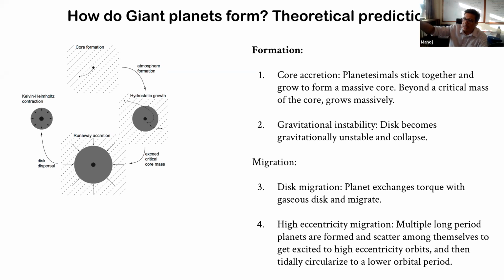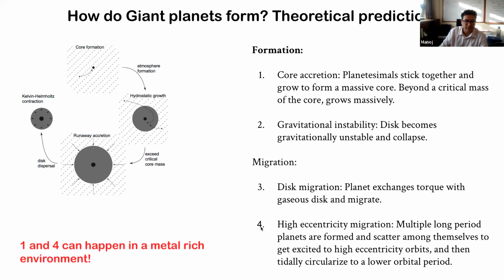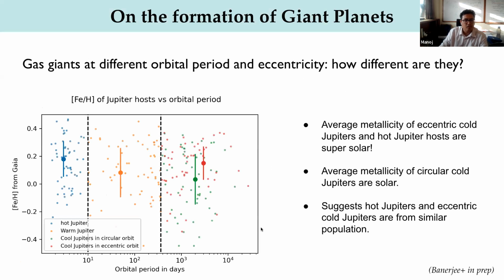So if we are outside of the snow line, the dust grains can have ices, water ice or CO2, whatever, depending on where the snow line is. That significantly increases the sticking probability, and then they can grow much faster. So Jupiters most likely form outside the snow line, and then somehow they migrate inwards. High eccentricity migration can cause this. So this is something that we wanted to look at.